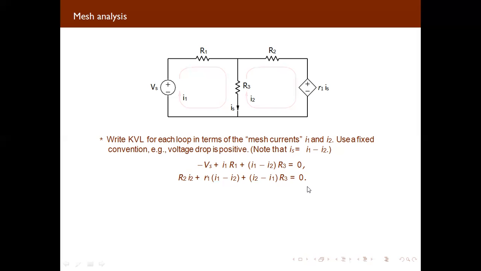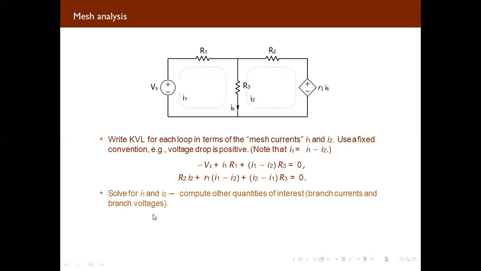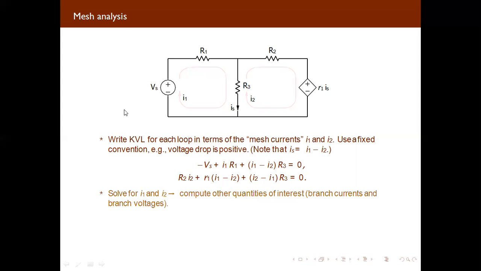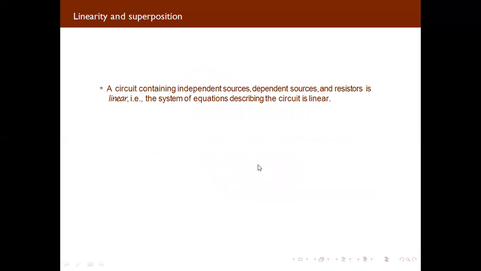Now, if we are solving these equations in terms of I1 and I2, we can compute other quantities of our interest, branch voltage, branch current, and we will get our equation in linear form. So here we have finished the mesh analysis. What we are saying is, now we can solve these linear equations.